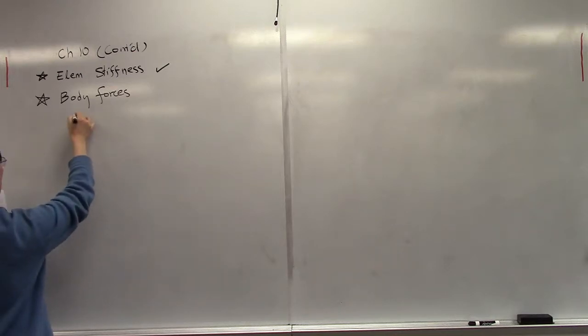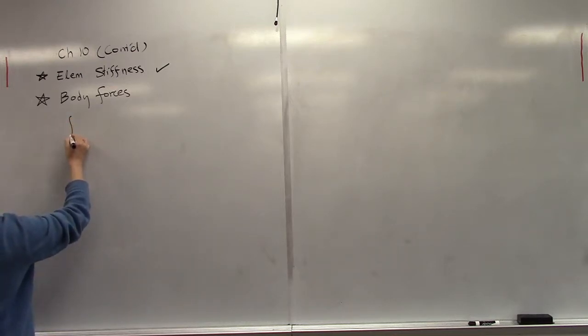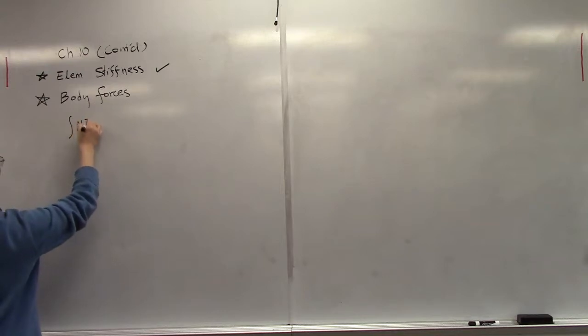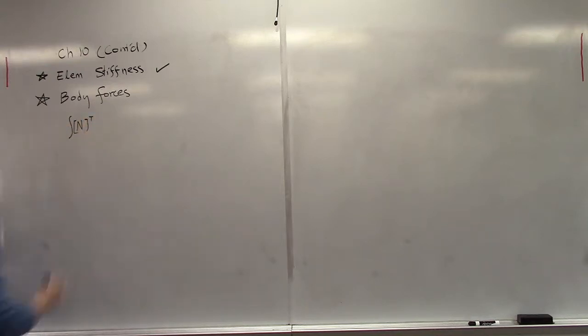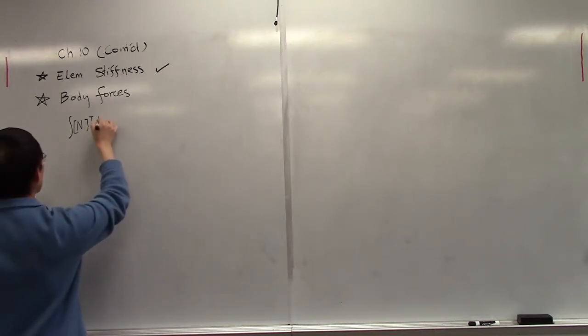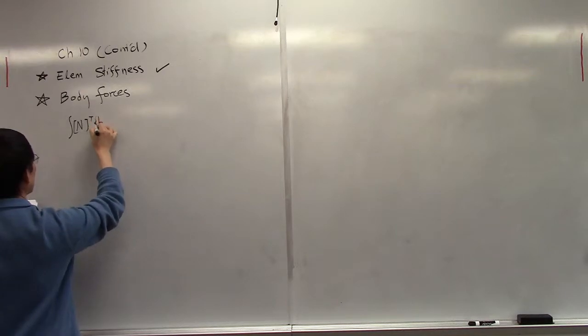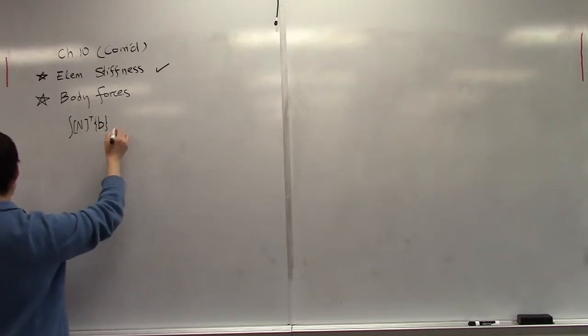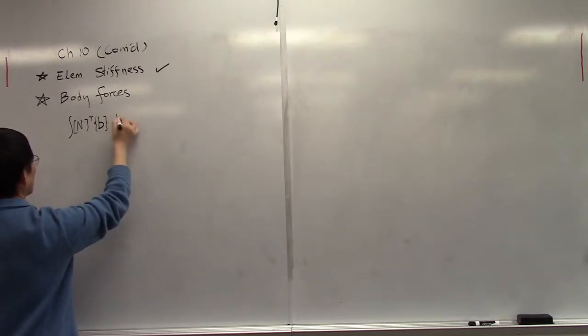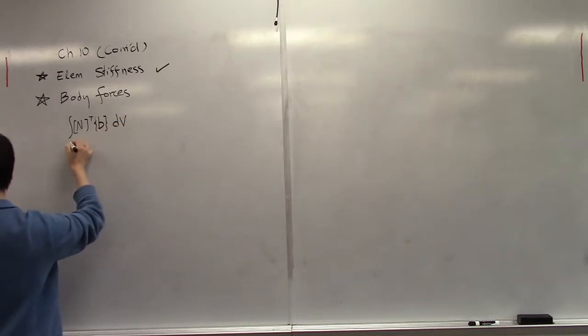The body force term, if you refresh your memory from the weak statement of finite element in matrix form, is the transpose of the shape function times the body force vector, integrated over the volume of the element.